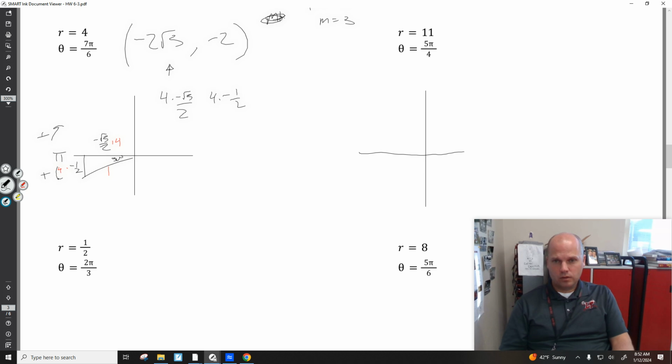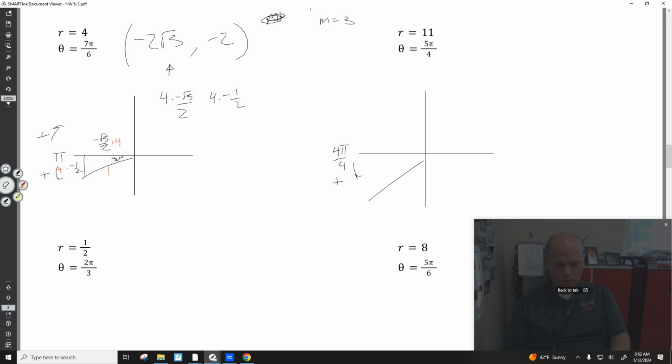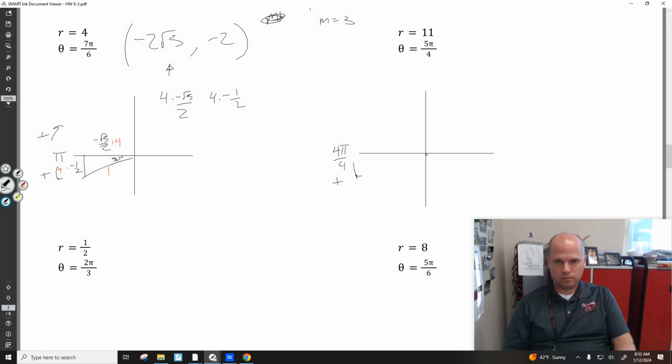5 pi over 4, don't mess up where it is. It's close to 4 pi over 4. 4 pi over 4 plus a pi over 4, again, puts you in the third quadrant. Maybe I'll show it differently, where we have the small triangle with the radius of 1, and then this will be the radius of 11, the large length. If it was a radius of 1, it's root 2 over 2 and negative root 2 over 2.